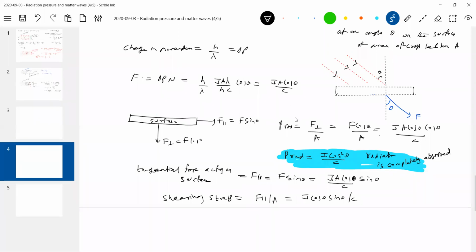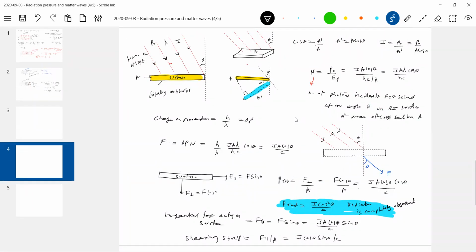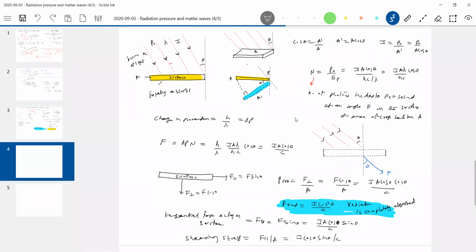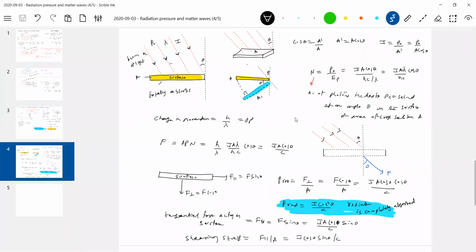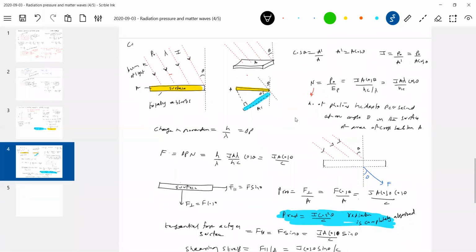Okay, this is about the thing at an angle. Now, if it is reflected, we'll see what changes we can make. The number of photons incident is the same, no? The change in momentum has to be different here. So I'll write a subheading: completely absorbed.